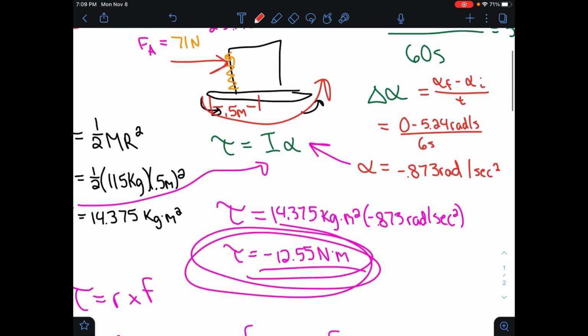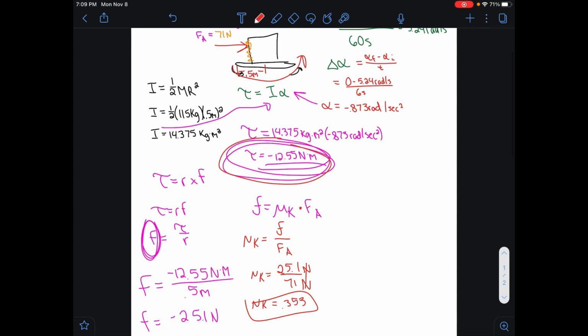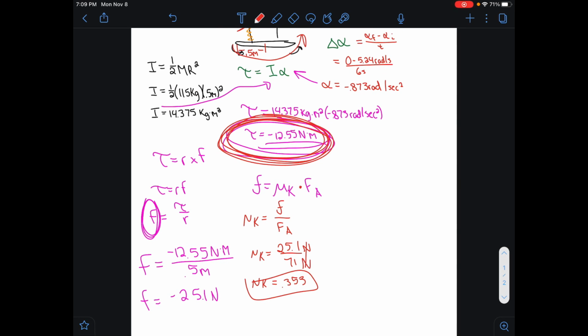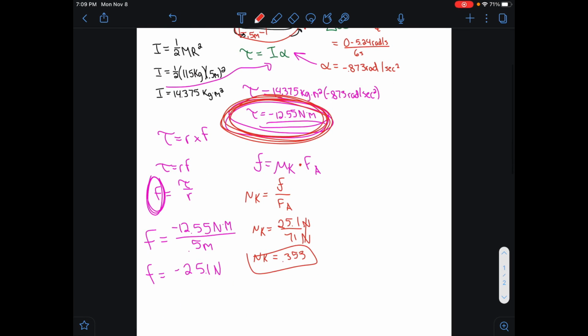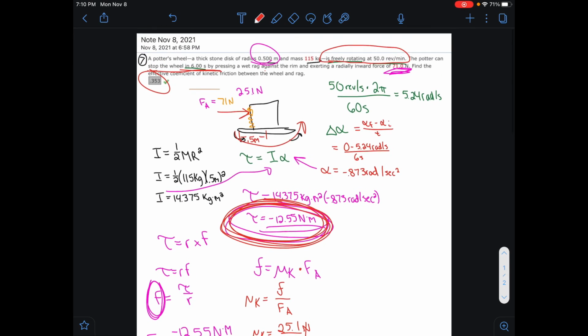So we need to find that force that is slowing it down, or that torque that is slowing it down. And then using that torque, dividing it by the radius, we can find the force that is slowing it down. And now by using that force and dividing it by the total force being applied, we can find the ratio of force being applied to force slowing it down.